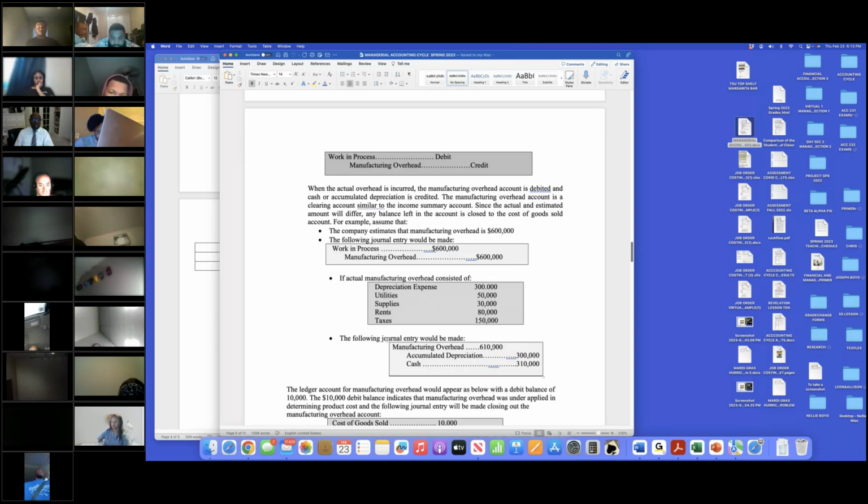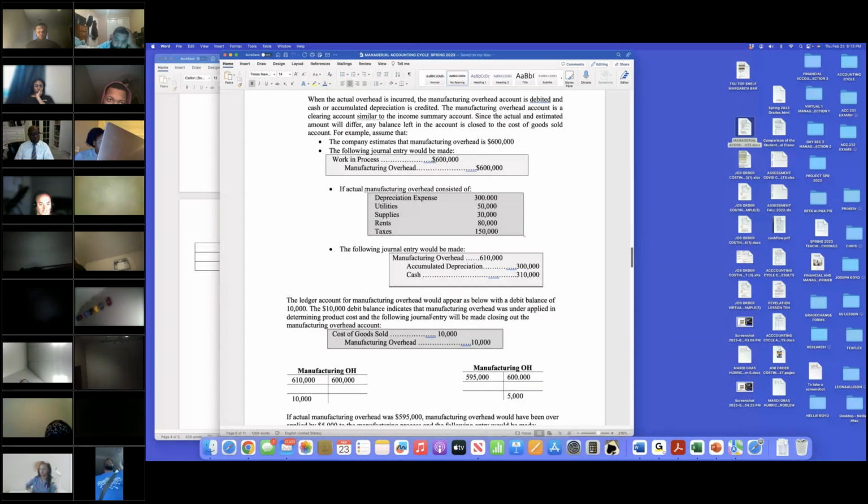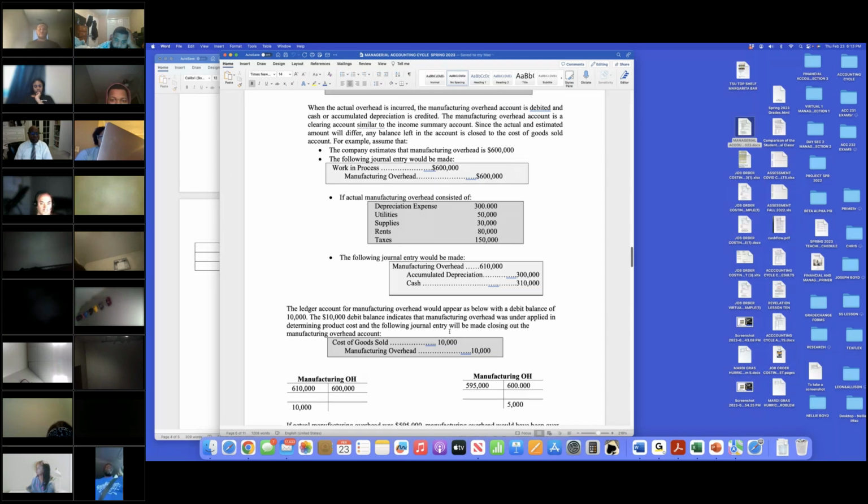So we didn't estimate enough, and so we're making an entry debiting cost of goods sold and crediting manufacturing overhead. But we can't wait. We have to put our best guess of what the overhead is. When the actual amount comes in, then we'll debit cost of goods sold for that amount. And we'll talk about that.